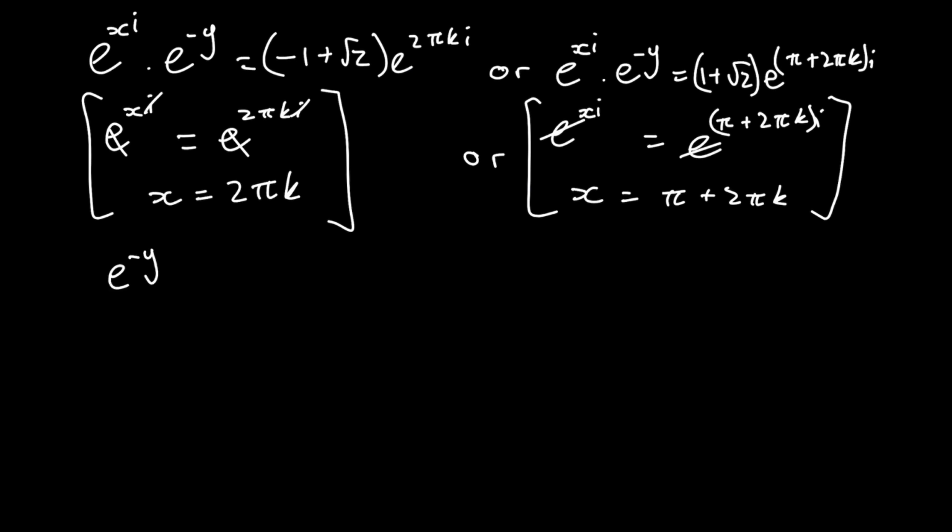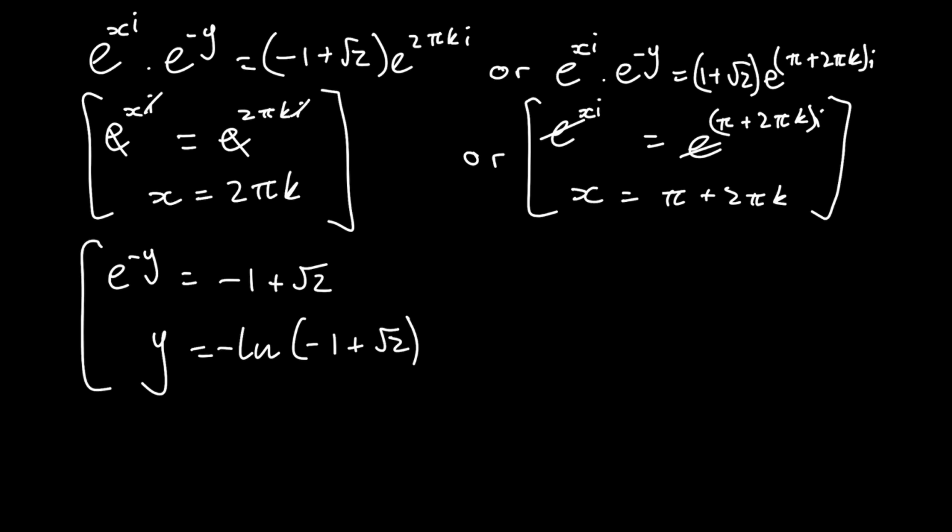So e to the negative y is equal to minus 1 plus the root of 2, because we've dealt with the imaginary parts, which means we're just left to deal with these two, which are both real. Now we solve for y: minus y is equal to the ln of minus 1 plus the root of 2, which I got by taking the natural log of both sides. I divide through by the negative and get y equal to minus ln of minus 1 plus the root of 2.